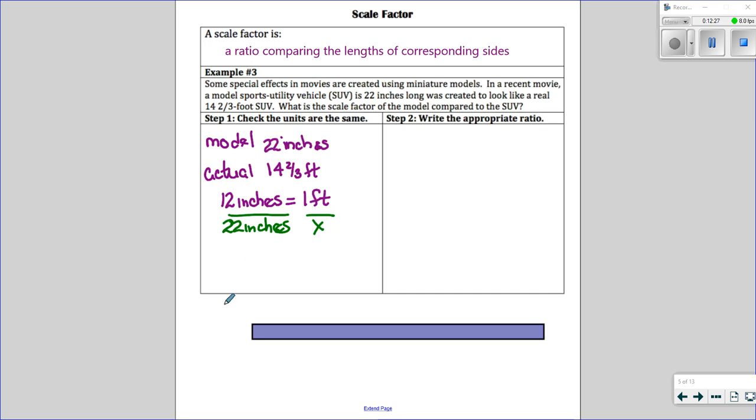Back to green. All right, so then it's going to be 12x and 22, and you divide that, and we get 1.83 feet.